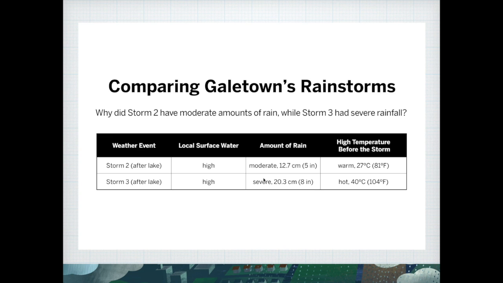For this routine, like for the next activity, I want you guys to use the vocabulary words to discuss what's happening. The data that you're examining shows that storm 2 in Galetown had an average of 12.7 centimeters of rainfall, but the storm after that, they experienced 20.3 centimeters. So I want you guys to use the word relationship activity where you use multiple words in a sentence to try to explain what's going on.